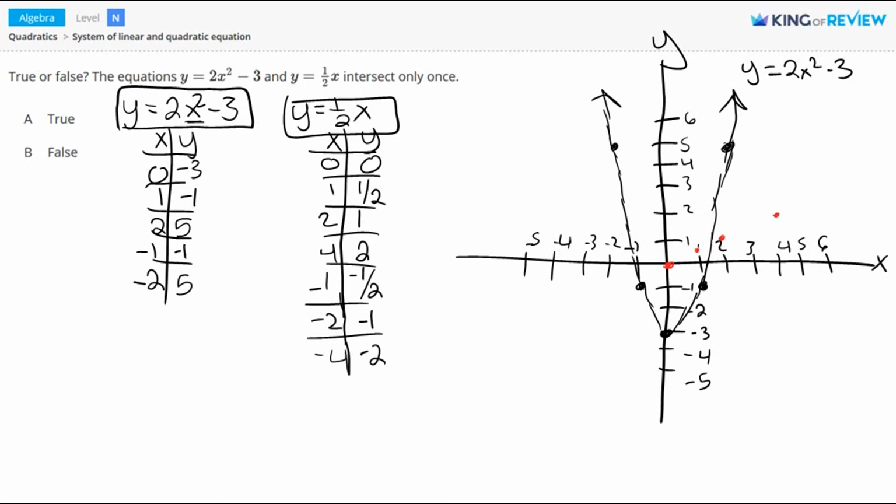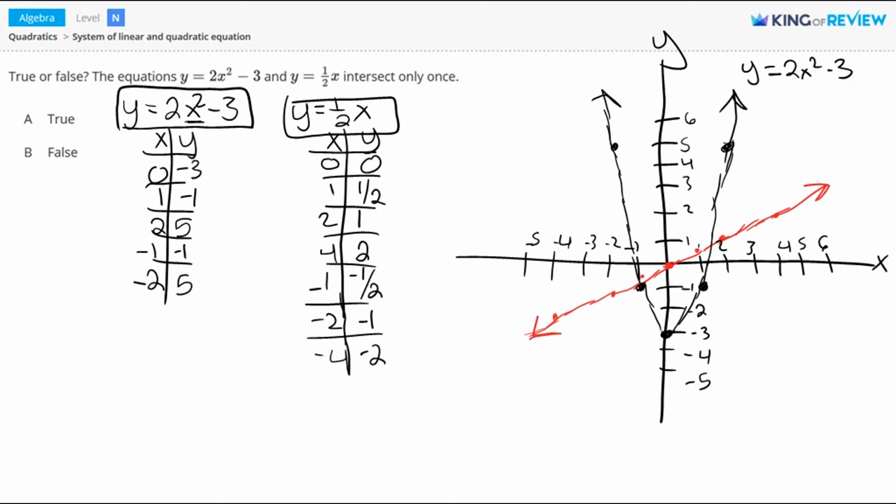Now we have a point at -1, -1/2, so right about here. And we have a point at -2, -1, which is right here. And the last point is at -4, -2, right about here. Now I'm going to use these data points to fill in the line. So we have a line like this.